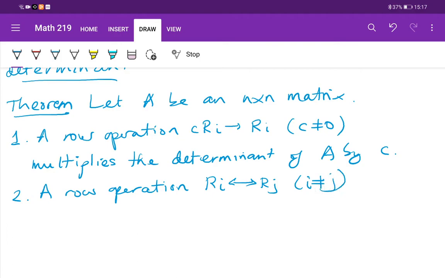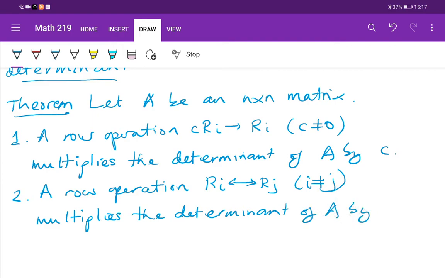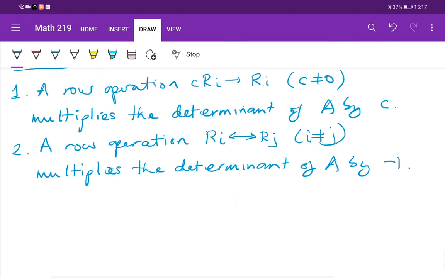The effect of this on the determinant is it multiplies the determinant by -1. That's type 2 row operations.